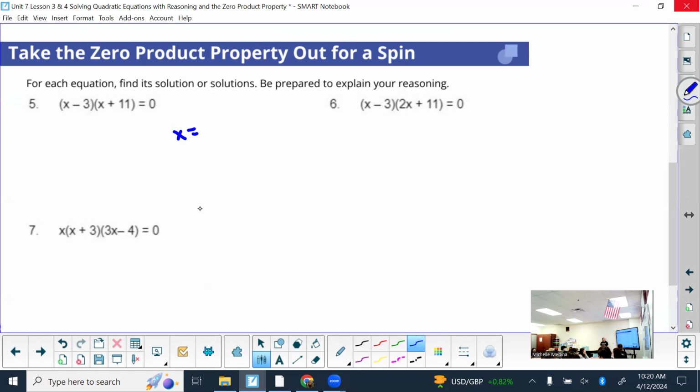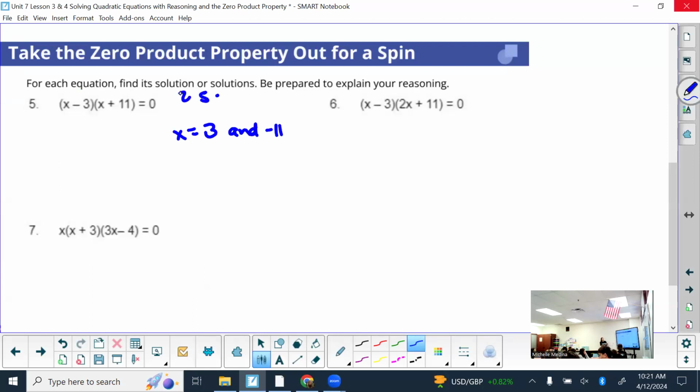What value of x would make it true? 3 and negative 11 is correct.